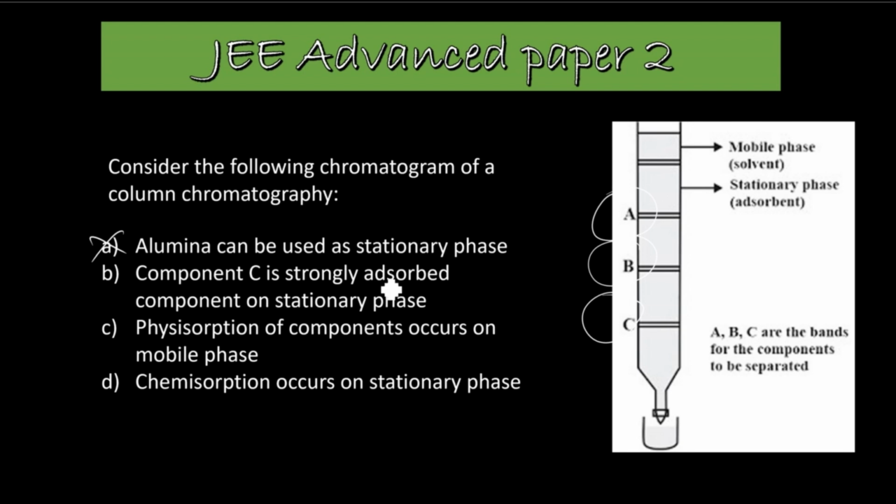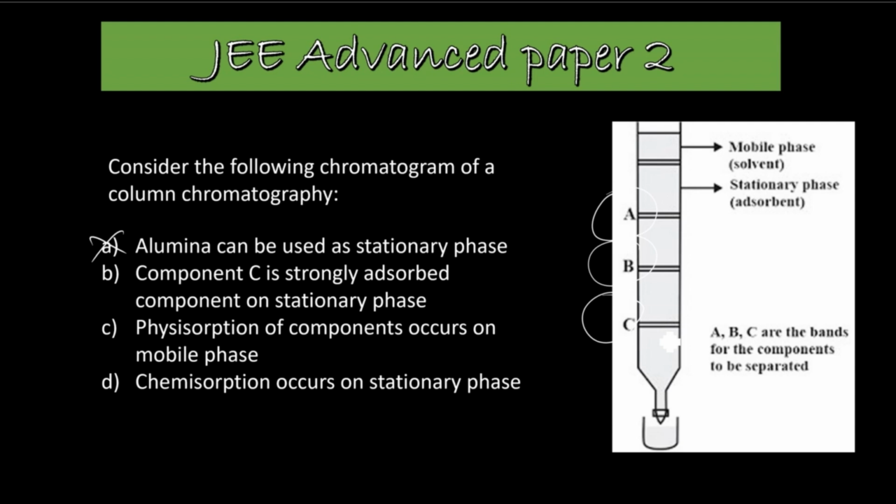Then, component C is strongly adsorbed on the stationary phase. Component C is very low, which means that the statement is incorrect. Component C is actually at the bottom of the column, the lowest point, meaning it has moved the furthest through the column.